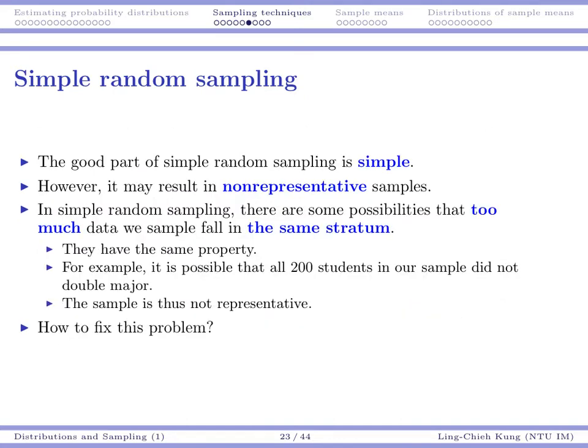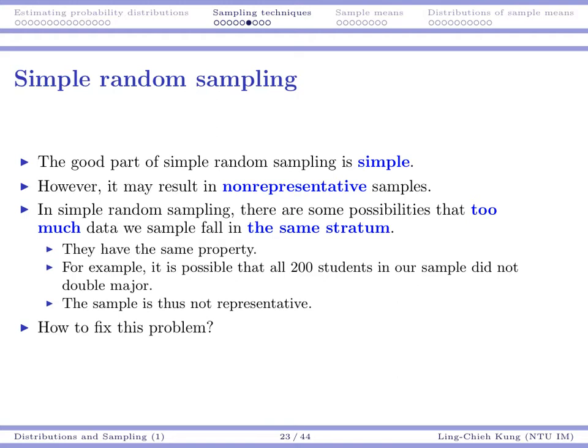So the good part of simple random sampling is, well, simple. But it may result in non-representative samples. For example, when I was trying to select students and asking them about their units, if I am so unlucky, then probably all the 200 students in my sample did not double major.